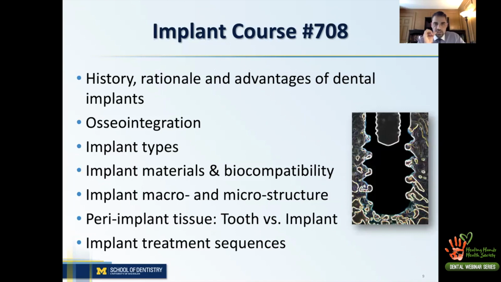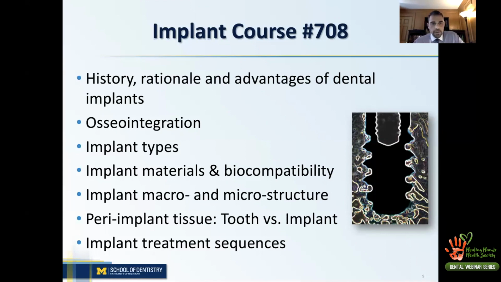What we teach in the course is we give them a history of dental implants, where it started. As Dr. Casabra mentioned, implants were started by P.I. Brånemark, who noticed that titanium integrates into bone, and most of you know the story of how it started. We talk about the rationale and advantages of dental implants compared to other treatment modalities.